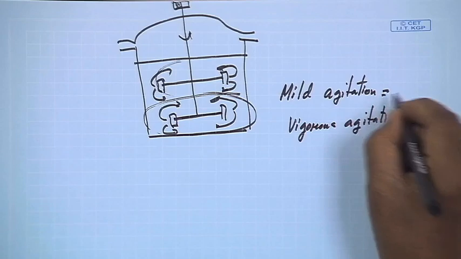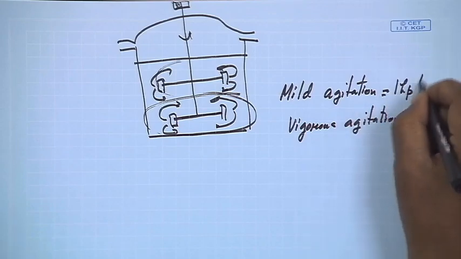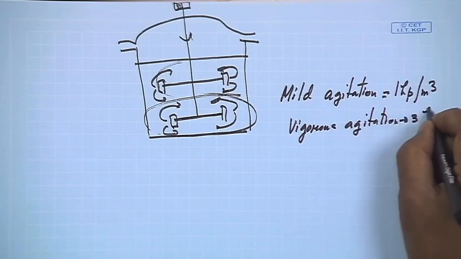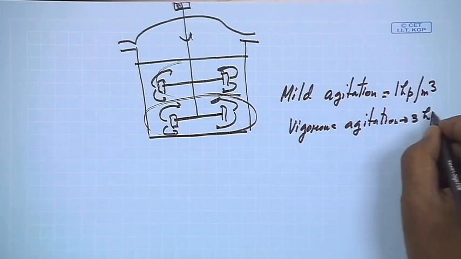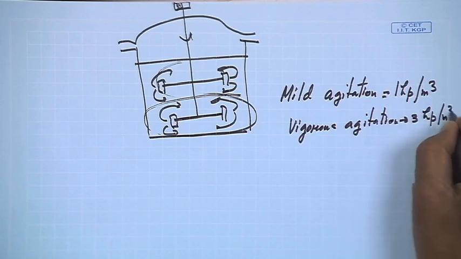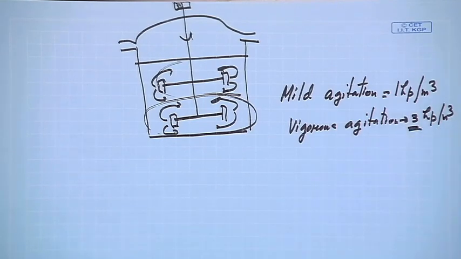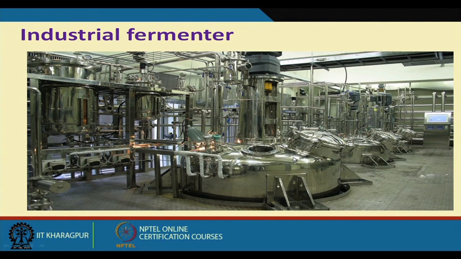The mild agitation power requirement is approximately 1 HP per cubic meter volume of the reactor, and for vigorous agitation it is more than 3 HP per cubic meter volume of the reactor, so about 2 to 3 times higher. Now, as I told you, I worked in a citric acid industry, and the capacity of our vessel was 200 cubic meters. So the power required for the agitator was around 200 HP. It is a very huge amount of power that we have to apply.